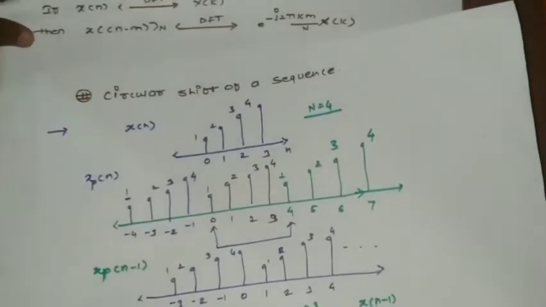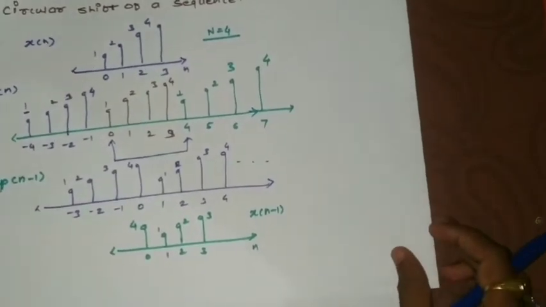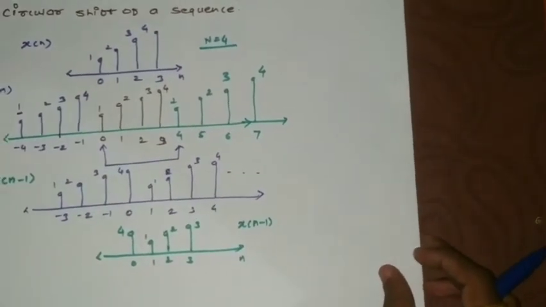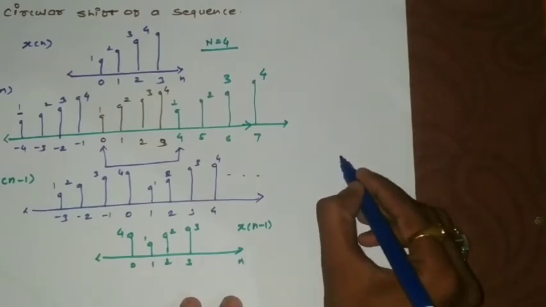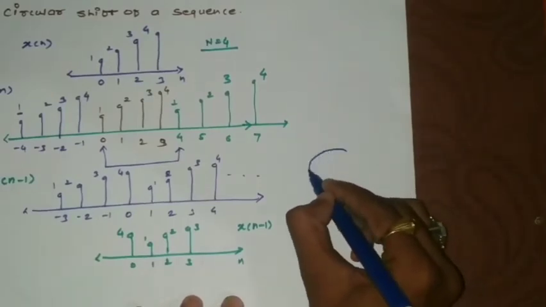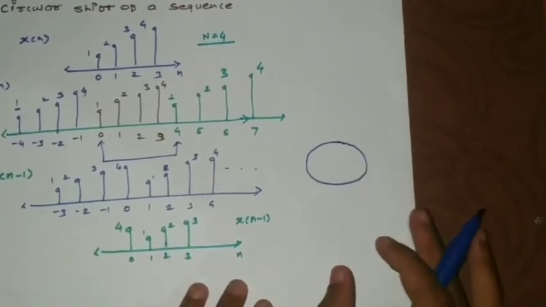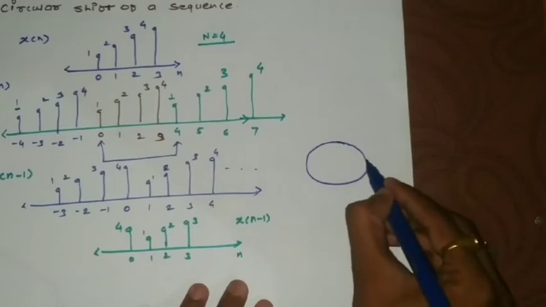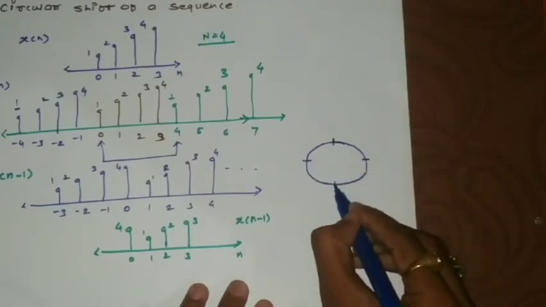So we'll keep this for the reference, and we'll try to fetch the terms over here only. So here I'm drawing the first circle, though it doesn't look to be a circle, assuming that this is a circle, and I'm plotting the terms 0 1 2 3.